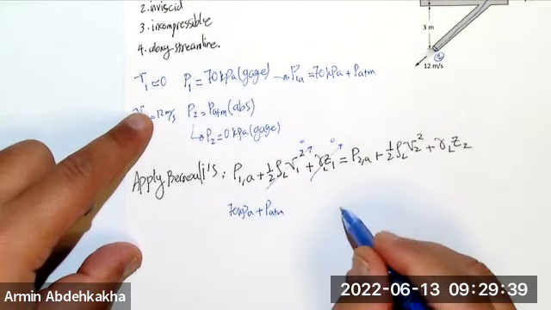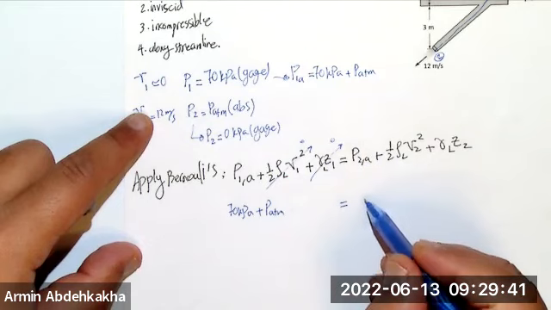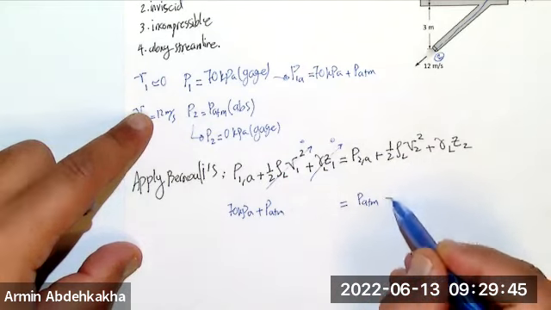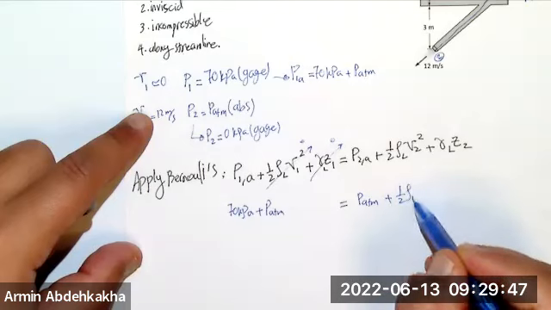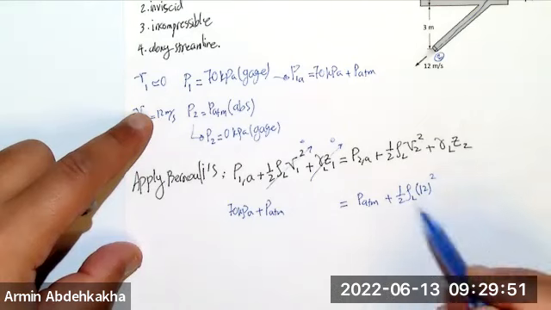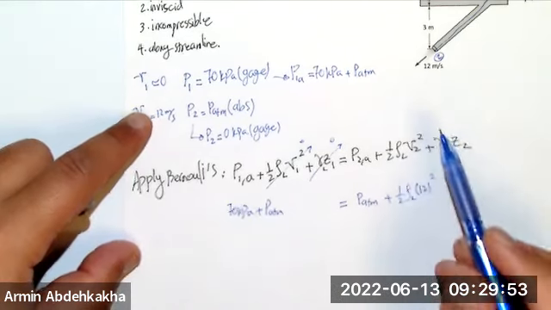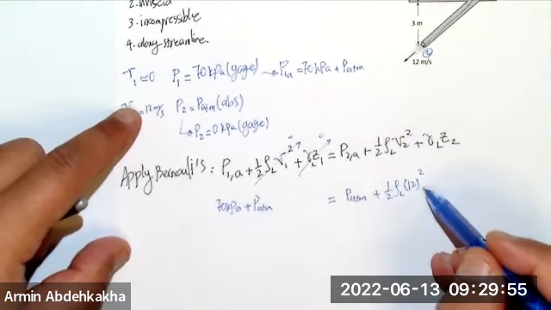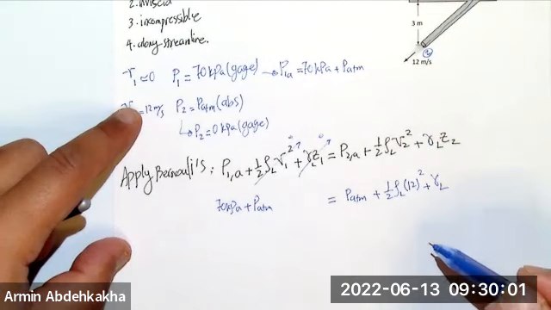On the other side, I have P2 absolute. P2 absolute is P atmosphere plus 1 over 2 rho L. And I know that's 12 squared, right? 12 meters per second at point 2. And plus gamma of L times Z2.